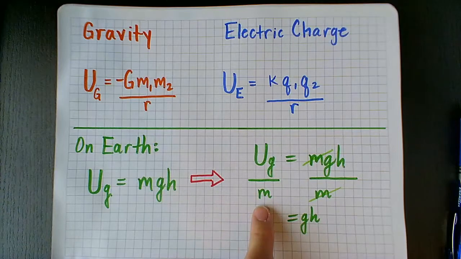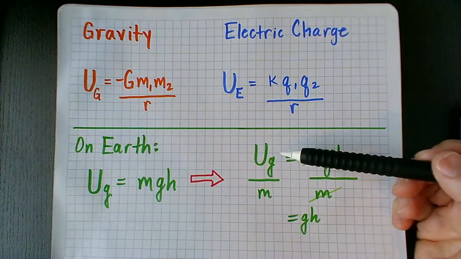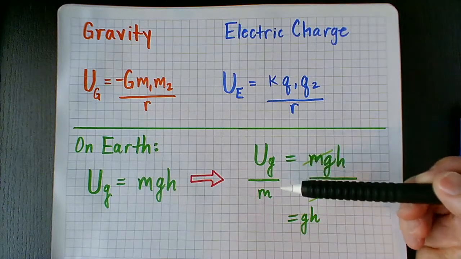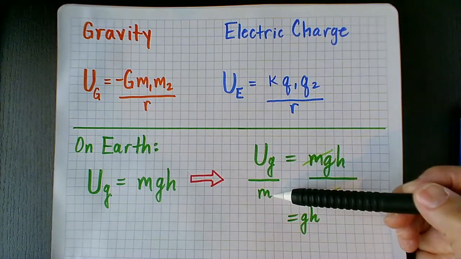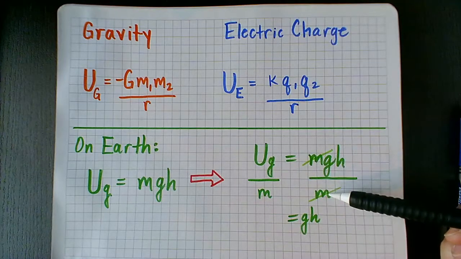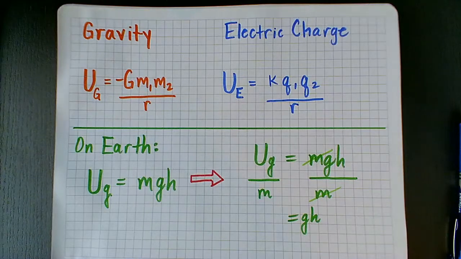So if we divide both sides by the mass, so gravitational potential energy divided by unit of mass, potential energy per mass unit, the mass divides out and we just end up with this little gh. So that's the idea of gravitational potential. On Earth's surface, that's like lifting the 5-kilogram bowling ball up 5 meters of stairs to the second floor.